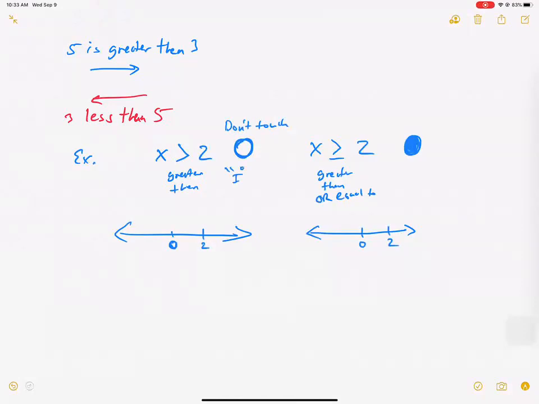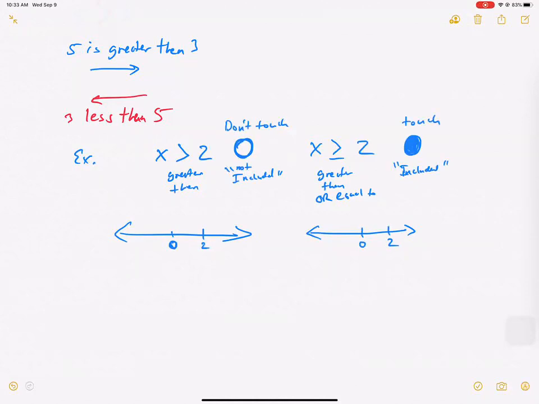This is not included, and this is included. Are batteries included? Batteries are not included. So touch.